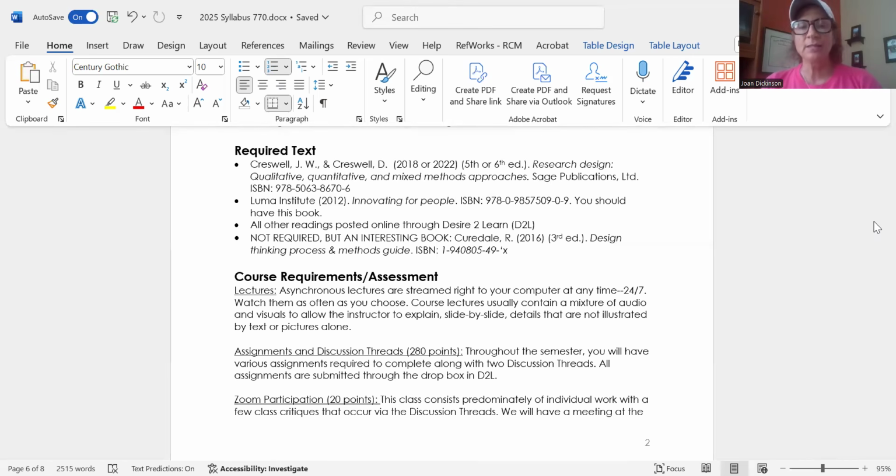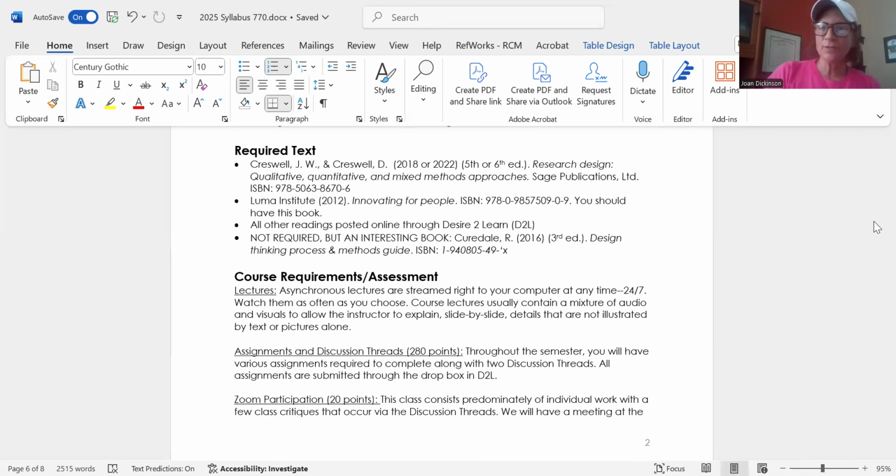So it's either a 2018 or a 2022 date. You can easily pick this up through Amazon. We'll also look at the Luma Institute book. You already have this book, so that's not something that you will be required to purchase. Excuse me. And that's really all that you need to purchase for this class. Again, it is the Research Design: Qualitative, Quantitative, and Mixed Methods Approaches by Cresswell.